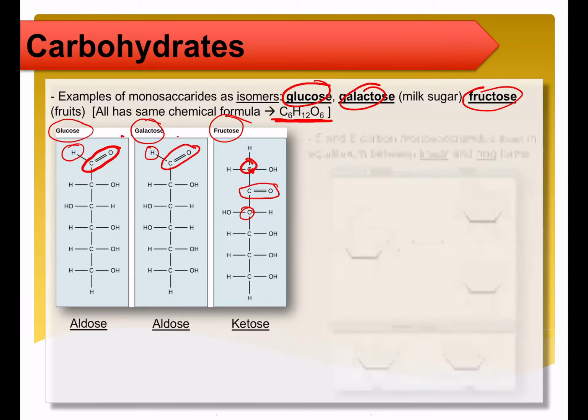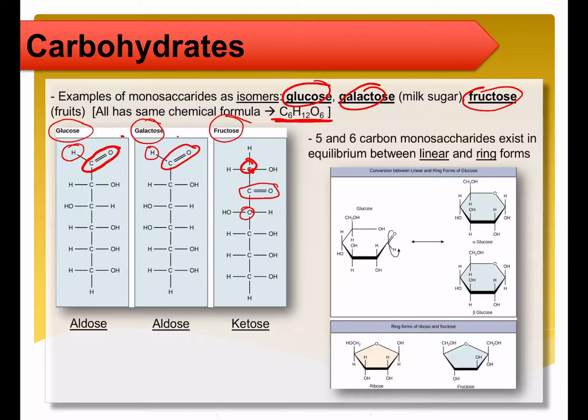Okay. Now you might ask, why is glucose linear all of a sudden in this representation right here? For example, in this one, why is glucose linear when we just saw it, a few slides ago as a ring or hexagonal structure? Well, that's because there exists an equilibrium between some 5 or 6 carbon monosaccharides where they can sort of interchange between linear forms versus carbon ring forms.